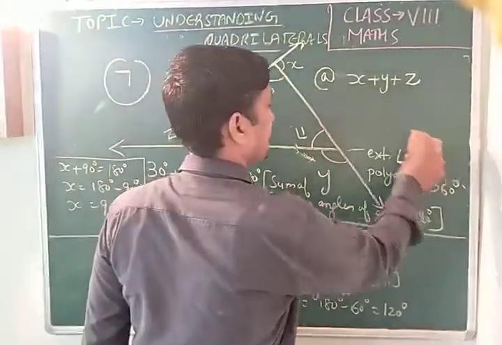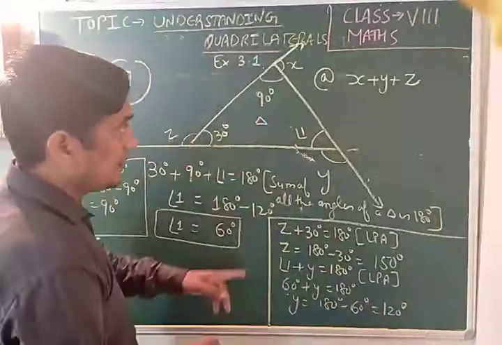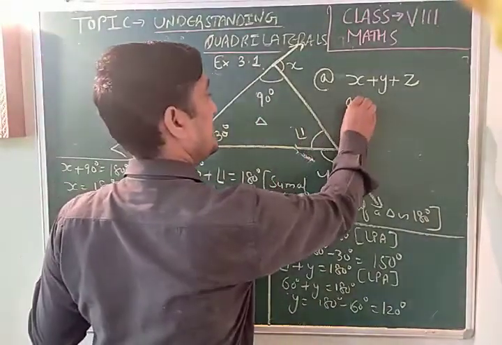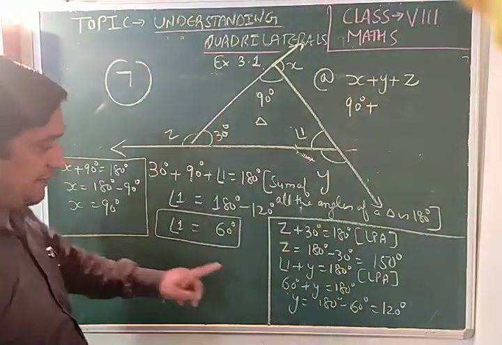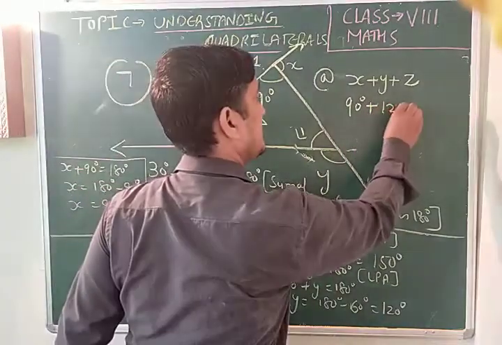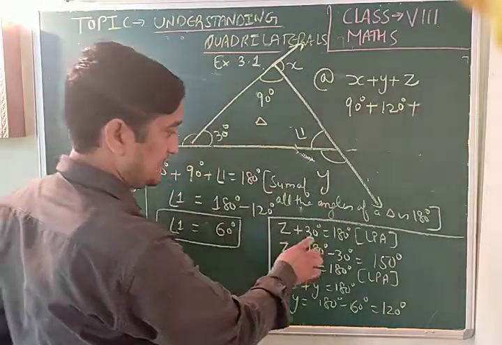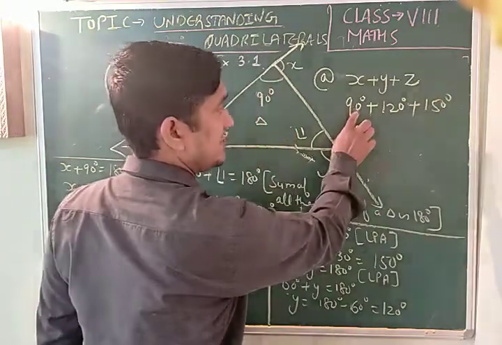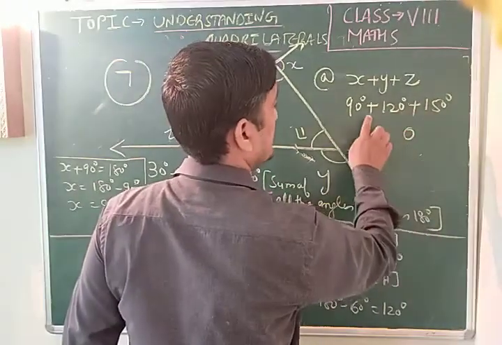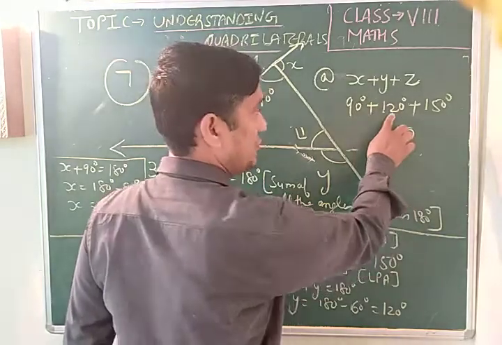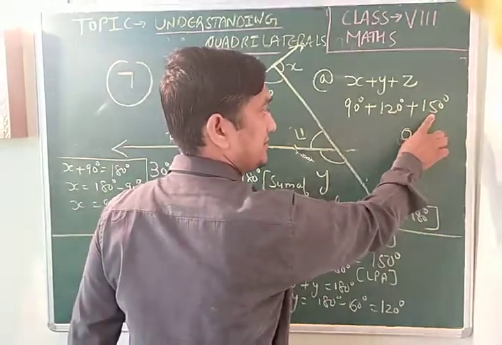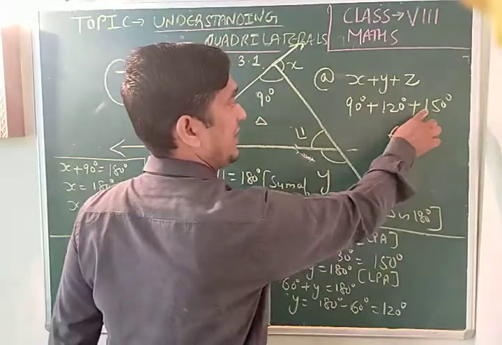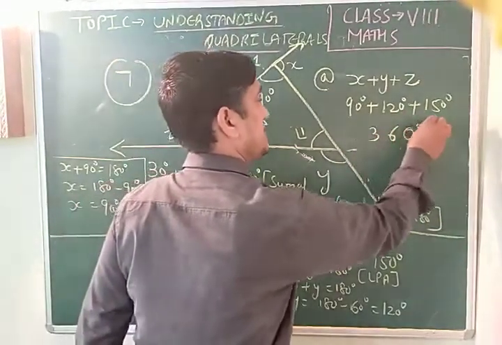Now children, we have to prove the sum of x, y and z. Look. x is 90, y is 120, z is 150. Now add: 0, 0, 0, 9 and 2 is 11, 11 and 5 is 16, 6 and 1 carry, 1 plus 1 is 2 and 1, 3. 360 degree.